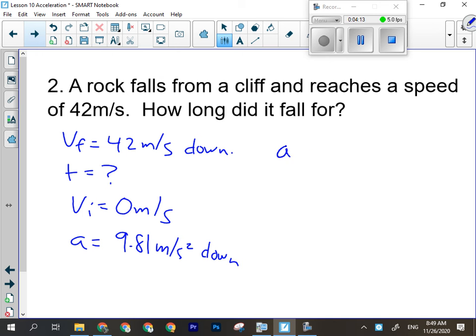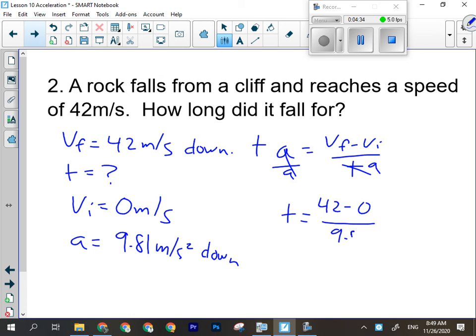Okay, so a equals vf minus vi over t, and we're looking for t. So what do we do? Multiply both sides by t and divide by a. All right, so t is going to equal 42 minus 0 over 9.81.